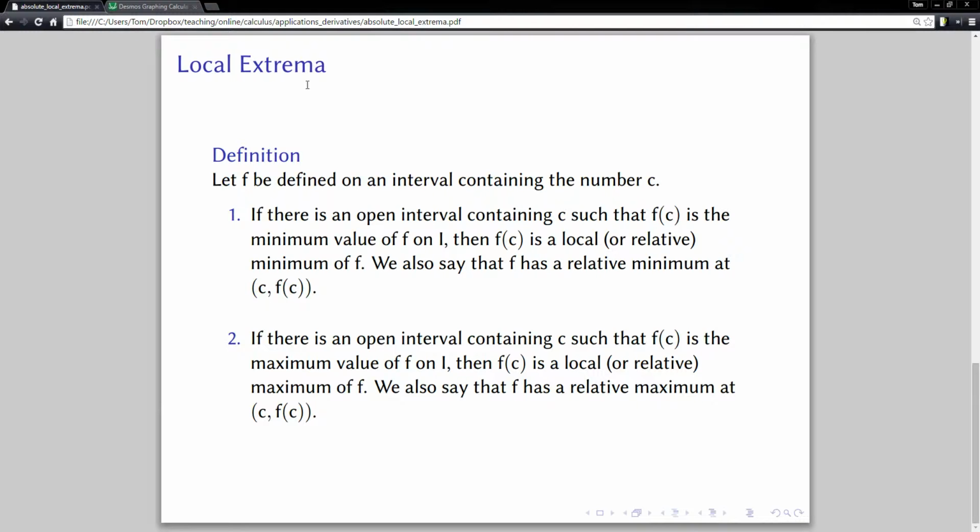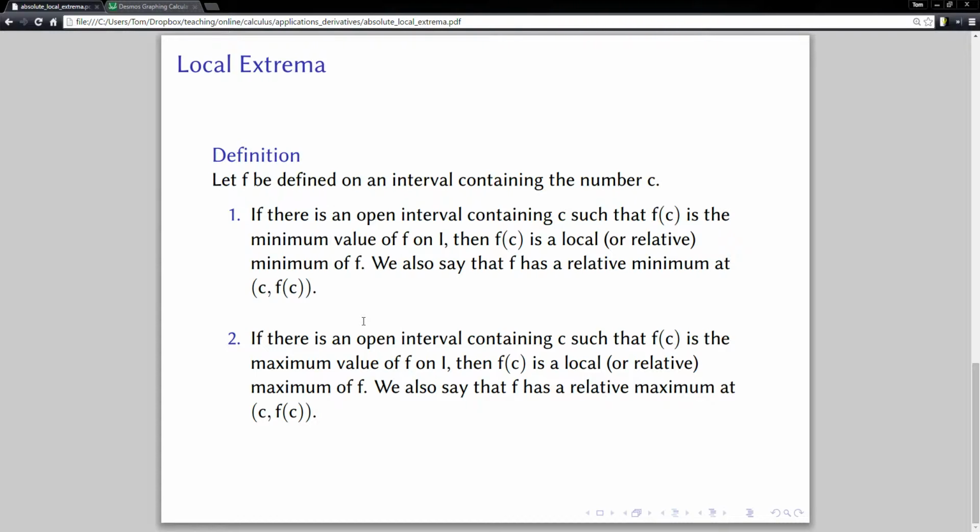This is a kind of long-winded definition, but a local minimum or a local max is not the absolute highest or lowest point of any point on the graph. It is the highest point or lowest point in some small area. Localized. That's why it's called a local max or a local min. So in some open interval around the number, the y value of that point on the graph is either the highest or lowest in there.